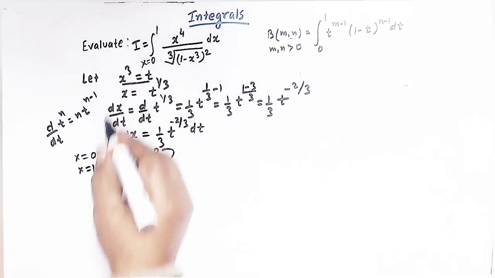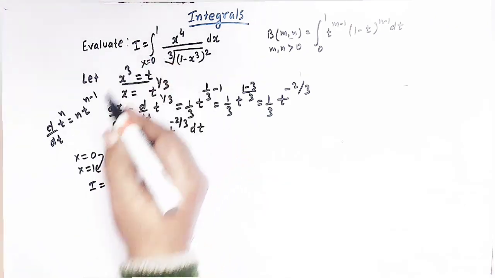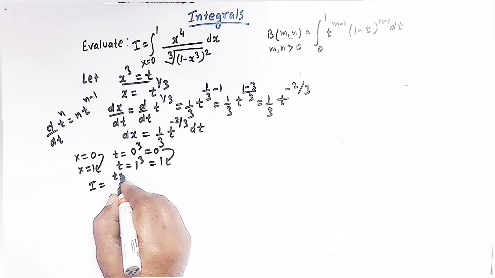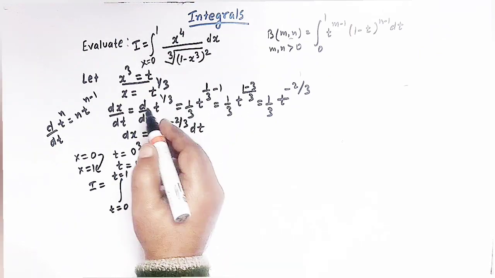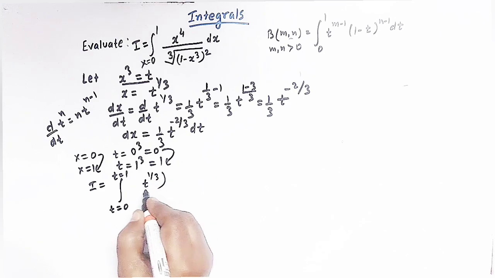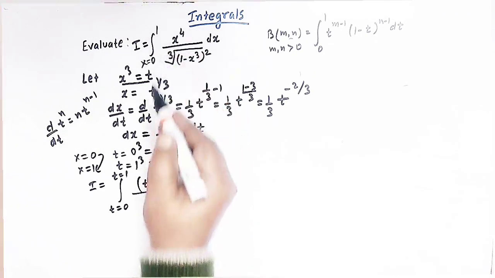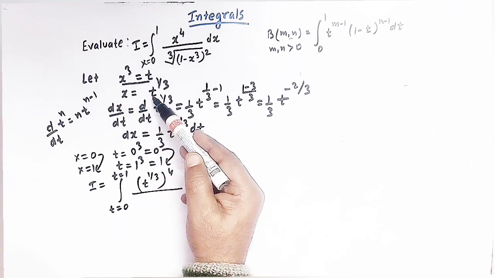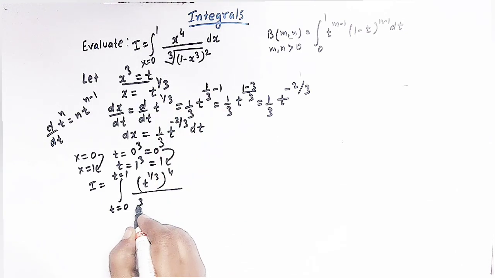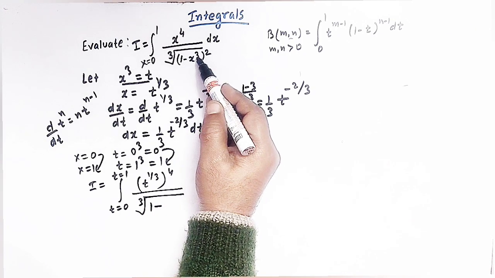So now we can easily write this integral I in terms of t. So we have t is equal to 0 to t is equal to 1, and for x we can write t raised to 1 over 3 raised to 4, and here we have x raised to 4, so taking x is equal to t raised to 1 over 3, and then we have the cube root of (1 minus x cube) squared.